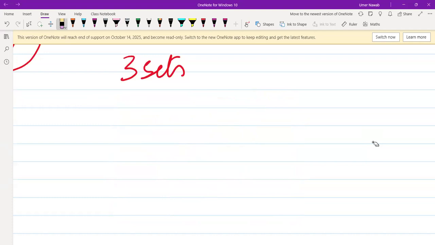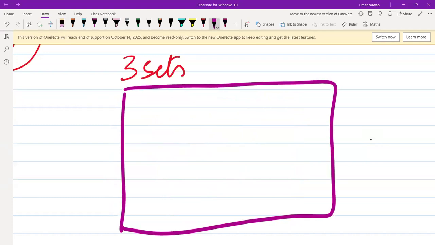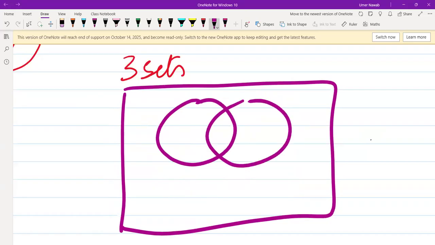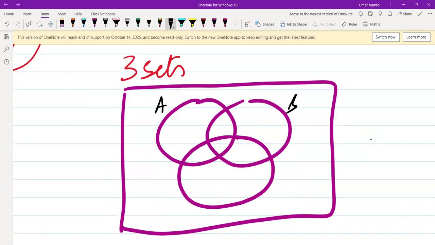Now let me draw the diagram again and try to show all the regions. Ready? So this is the universal set. This portion is only A, this portion is only B, and this portion is only C.